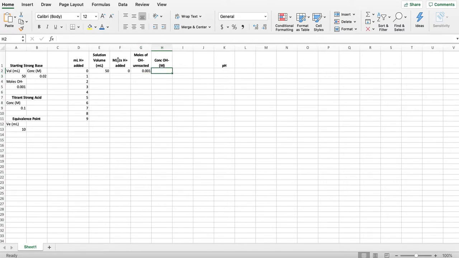Okay, now concentration of OH minus is going to be the moles divided by volume times 1,000, because I have milliliters. Right, and so when we haven't added anything, this is good to verify, these numbers here are all the same as these numbers.